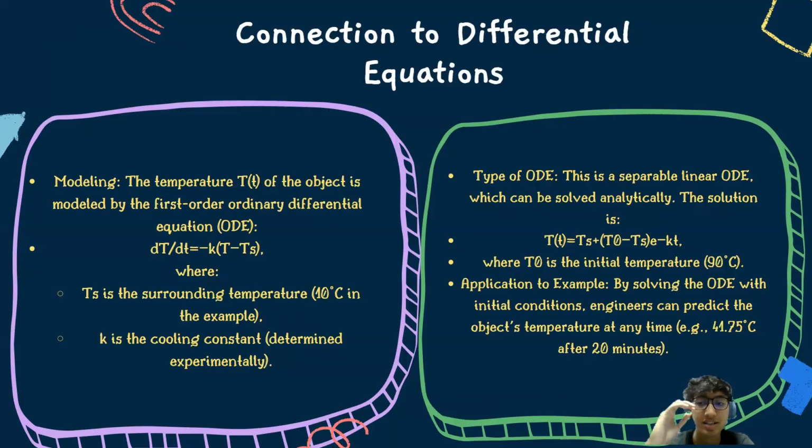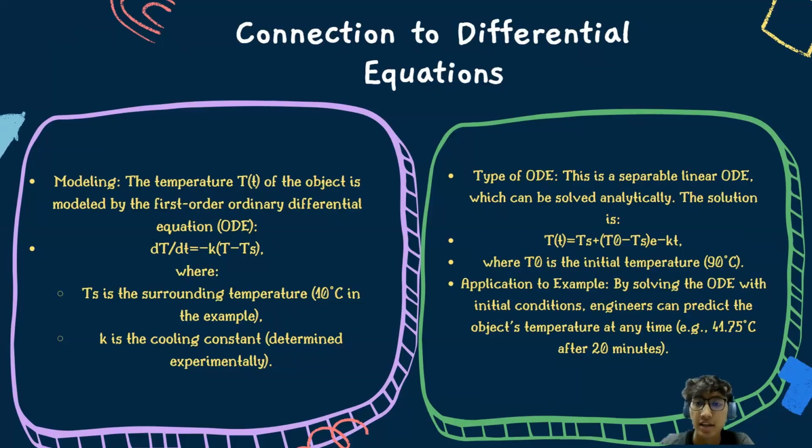Where Ts is the surrounding temperature, for example 10 degrees Celsius, and k is the cooling constant determined experimentally. This type of ODE is a separable linear ODE, which can be solved analytically.